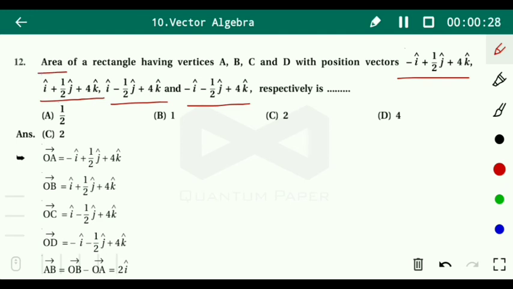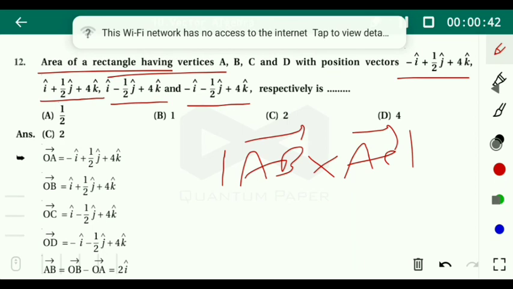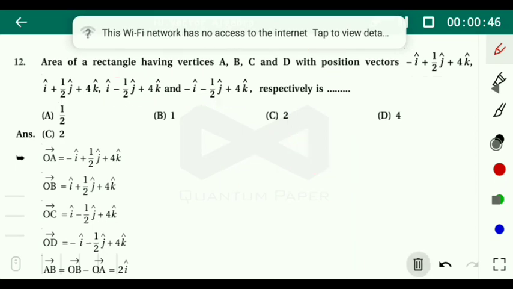So we have to find the area of a rectangle. Already we have discussed this in quadrilaterals. We have to take the cross product of any two consecutive sides, AB into AC. Okay, so it gives the area of the rectangle.